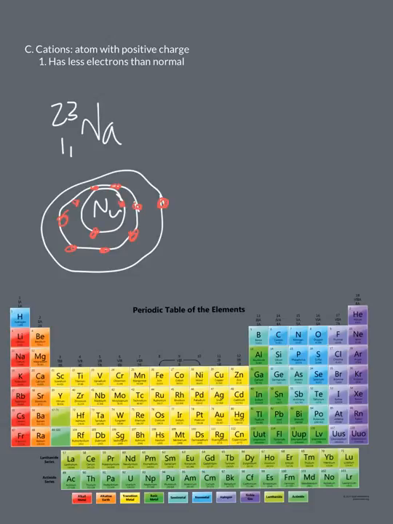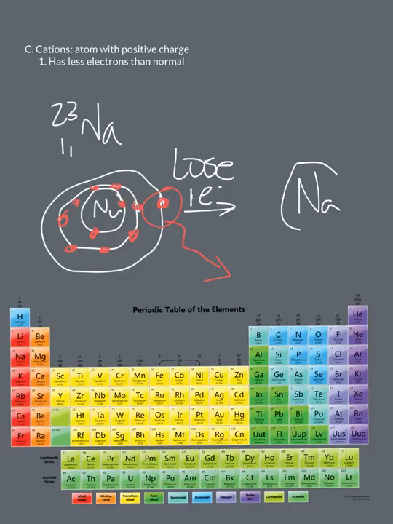Now, sodium has one of two choices. It can either gain 7 more to fill that outer shell, because that second shell can hold 8, or it can lose 1. And obviously the easier of the two is it's going to lose 1 electron. So this extra electron right here is basically going to go away. And what we'll see then is sodium now has a full second shell.